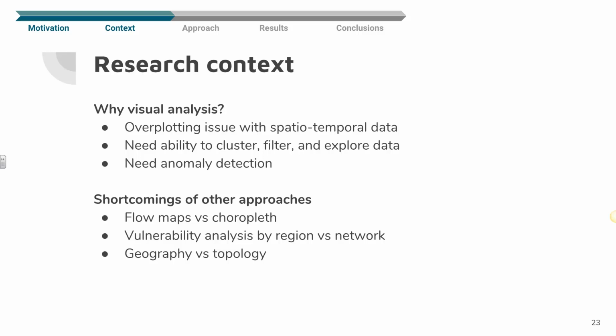Other vulnerability analyses have just looked at regions or subregions and haven't considered that network effect or transfer of risk. And also, they're not interested in geography, really. They're not interested in regions. They're more interested in topology, or how countries are connected.